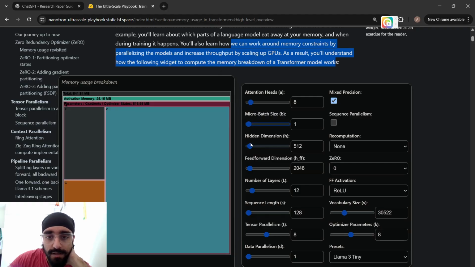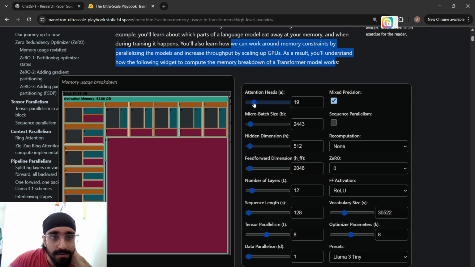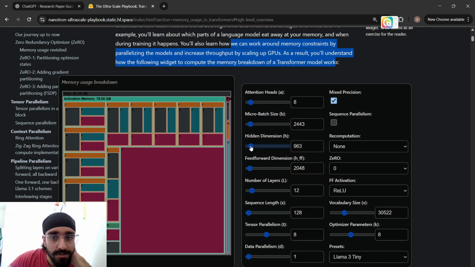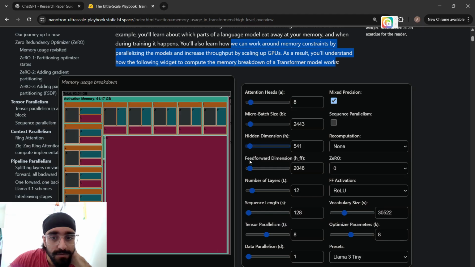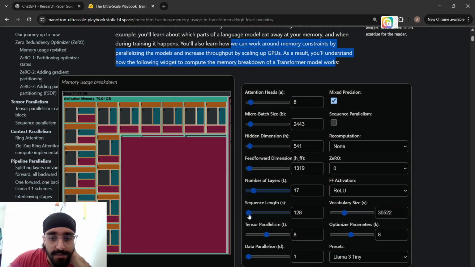Oh, they have like an activation memory usage breakdown: attention heads, hidden dimension, feed forward dimension, number of layers, number of transformer layers, sequence length.